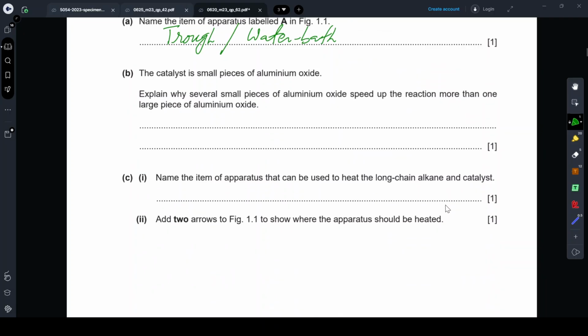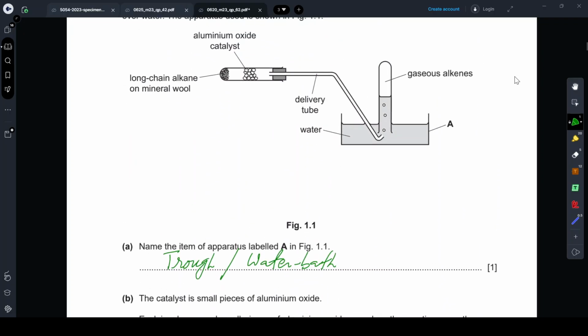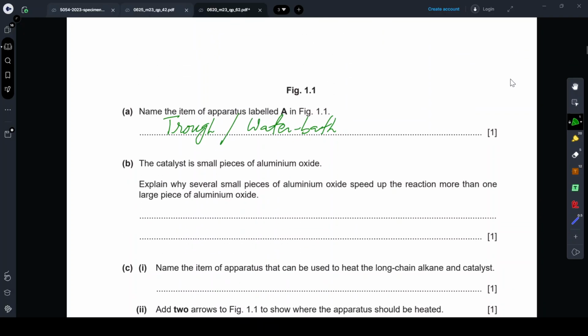The catalyst is small pieces of aluminium oxide. Explain why several small pieces of aluminium oxide speed up the reaction more than one large piece of aluminium oxide. Let me think. Can you go back to the question?